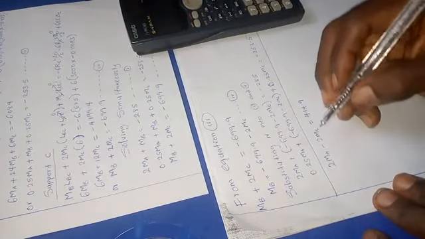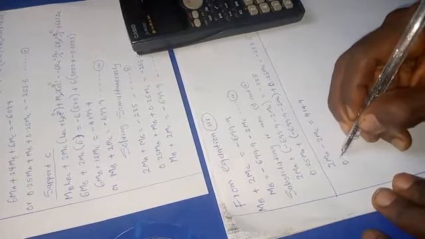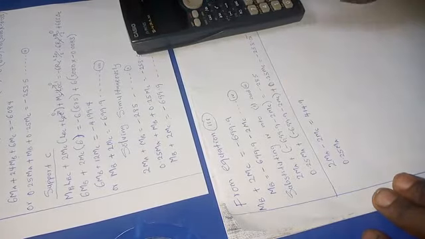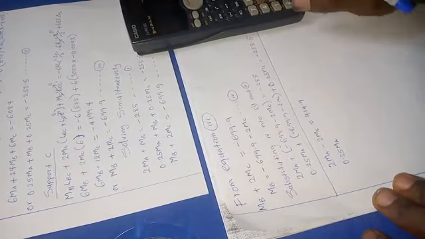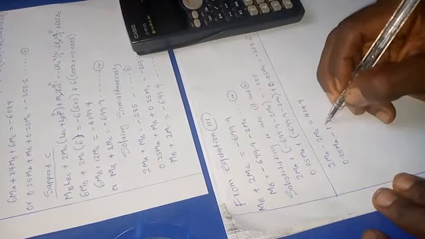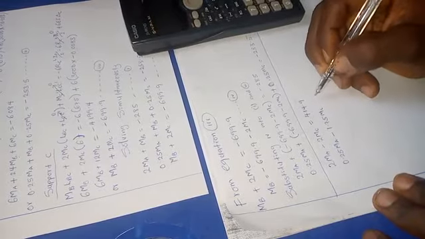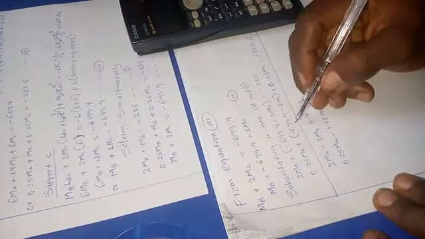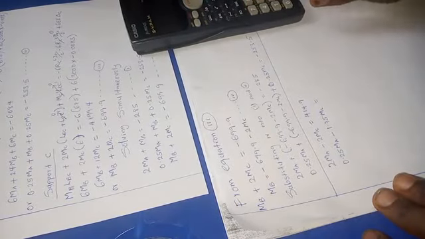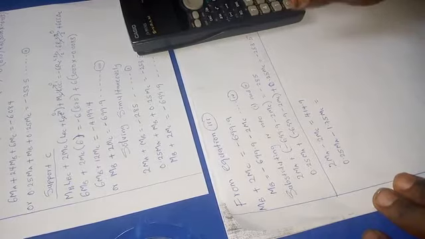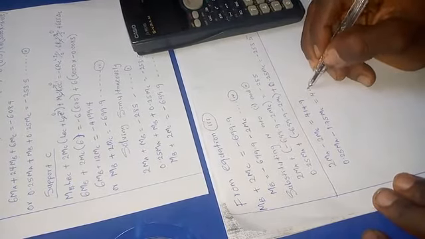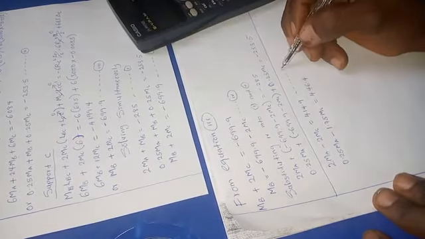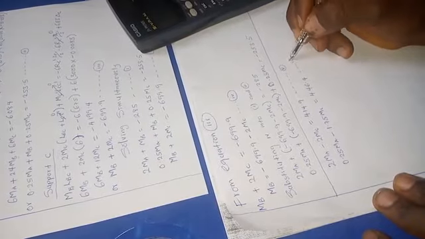For the next one, I'm having 0.25 moments at A, then minus 2 plus 0.25 will give me minus 1.75 moment at C, equal to minus 253.5. Moving this to the other side turns it positive, plus 699.9, which gives me 446.4. I can call this my equation 5 and this my equation 6.